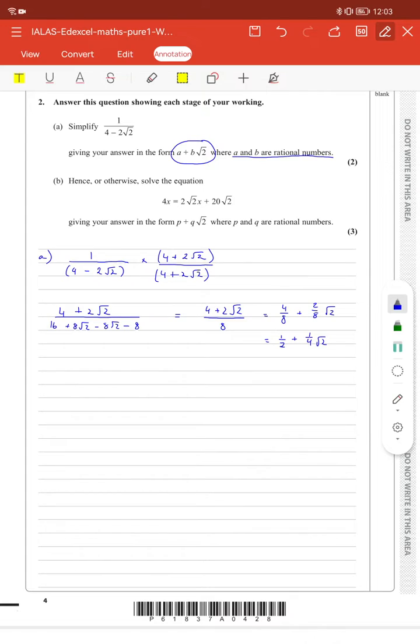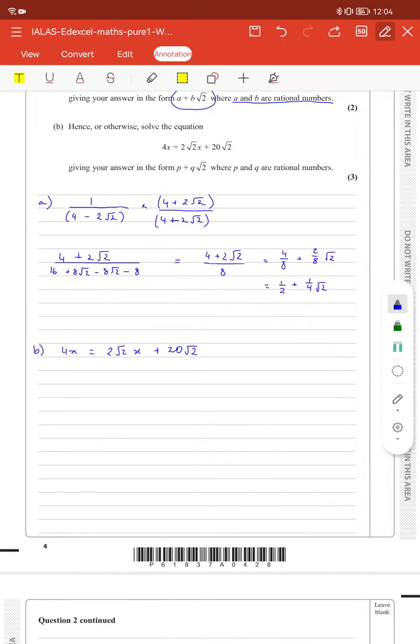Now it says, hence or otherwise solve this equation. So what we know from this equation is we have 4x equals 2 root 2x plus 20 root 2.